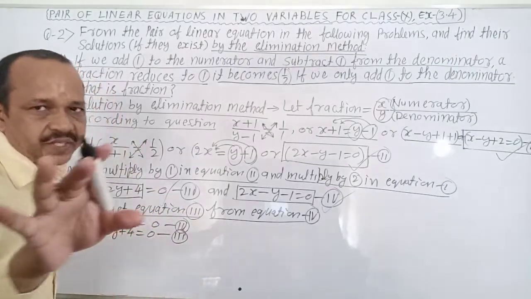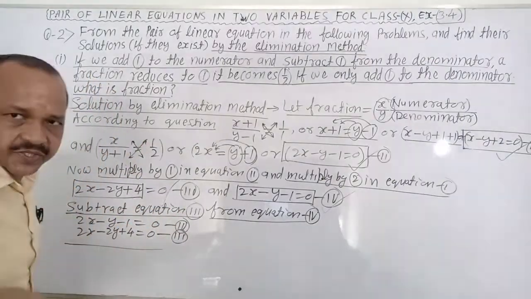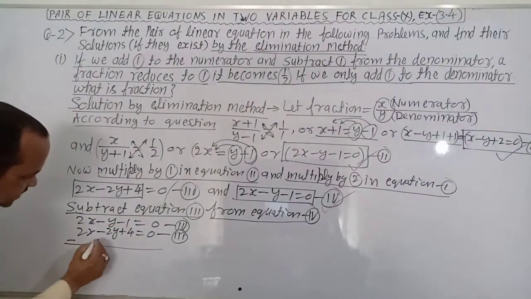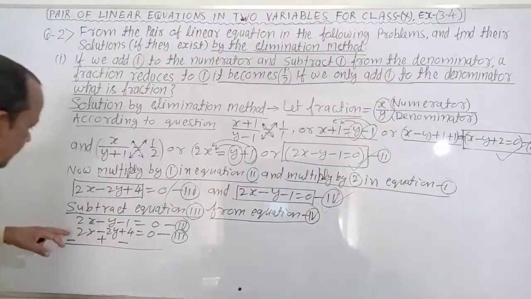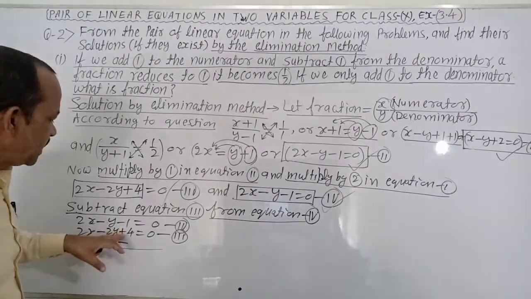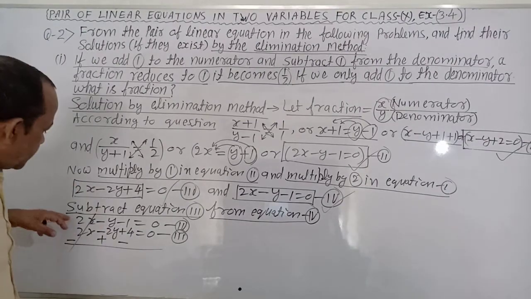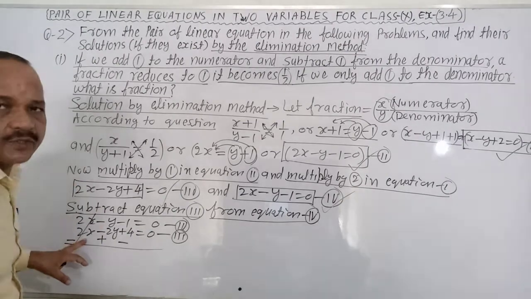You draw a line and change its sign. Here minus, here plus, here minus. Here plus, so you write minus. Here minus, so you write plus. Here plus, so you write minus. Clear? You can cut it: plus 2x minus 2x, cut it.